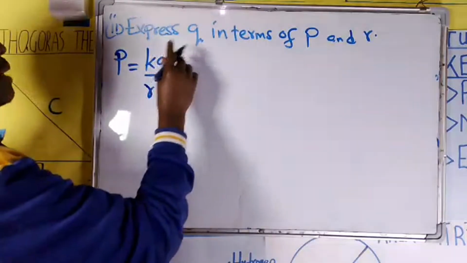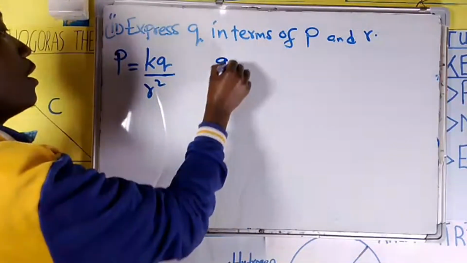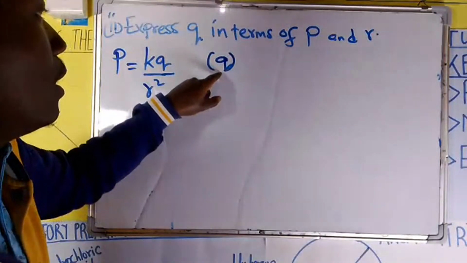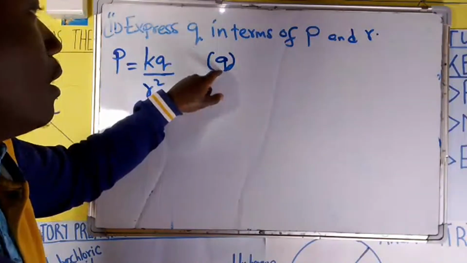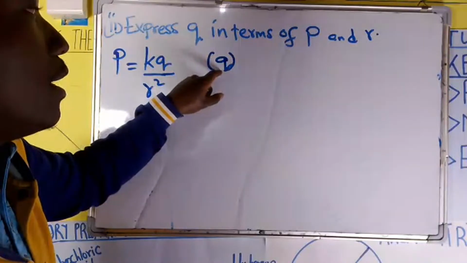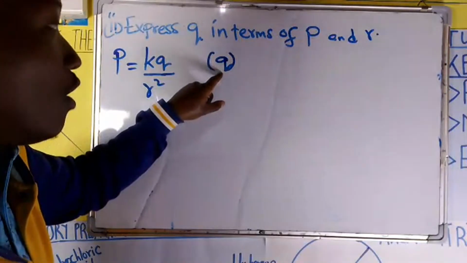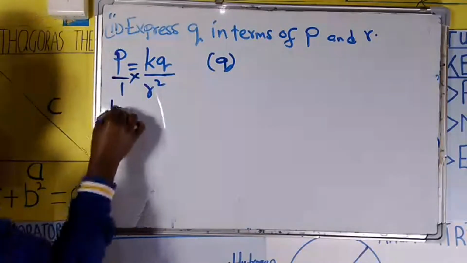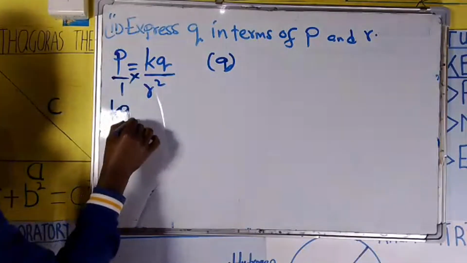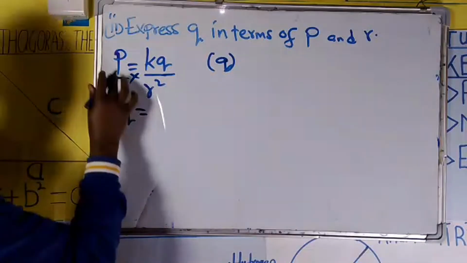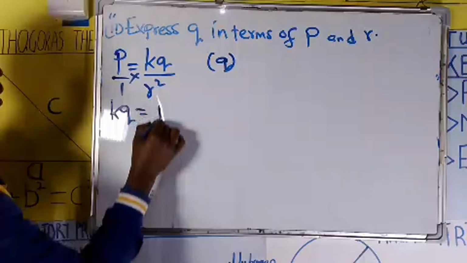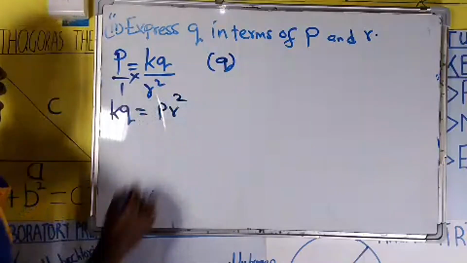So we are told to express Q. When we are told to express Q, in simple terms we are being told to write this one as the subject of the formula. So we will cross multiply and we will get KQ is equal to P. KQ times 1 is KQ. Multiply by P, we will get PR squared.